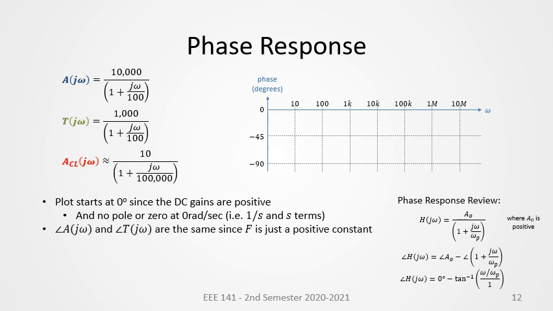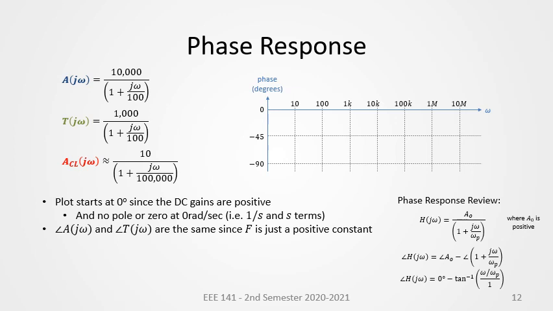We also know that the angle of A of j omega and T of j omega will be exactly the same if f is just a positive constant. If f happened to be a negative constant, then they are off by 180 degrees.